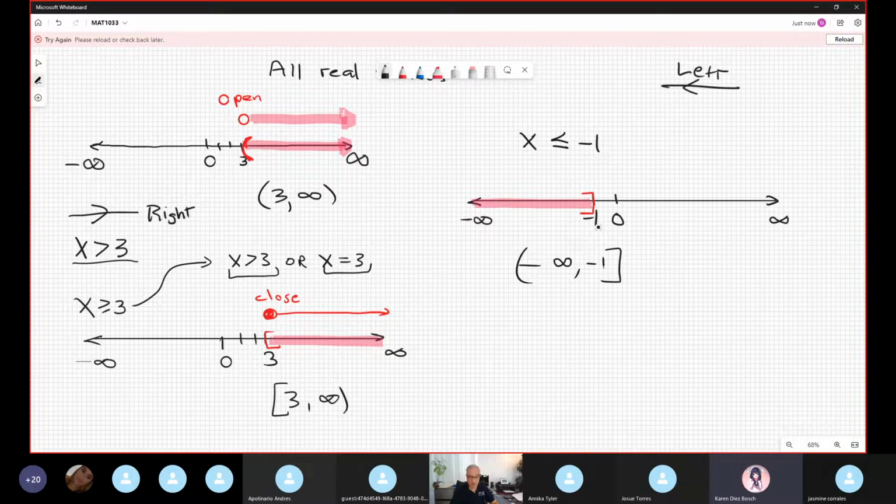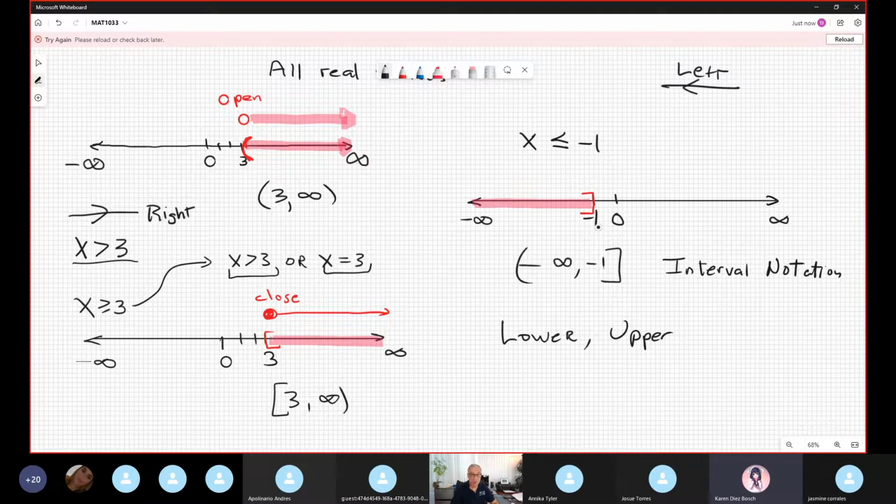No equal, parenthesis. If it's less than, it's to the left. If it's greater than, it's to the right. And this notation, by the way, is called interval notation. You always write two numbers or symbols. The first one is the lower, and the second is the upper.